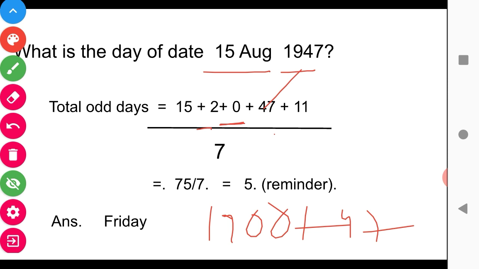But according to the formula, we have written 47 here. That means we are adding one extra year, which means we are adding one extra odd day.